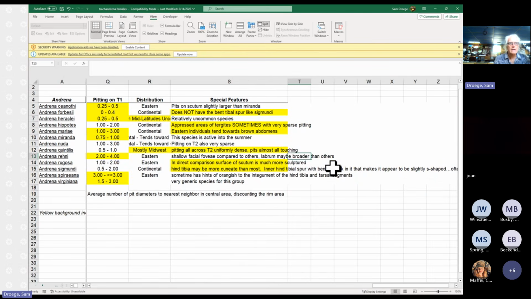All right, okay, here are some notes. Shallow facial fovea compared to others. Labrum may be broader than others. So we haven't seen that many specimens to track down some of these things. So let's look at, say, pitting on T1 first on this specimen.